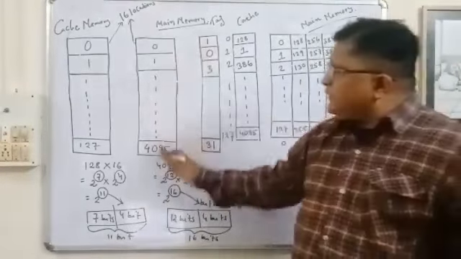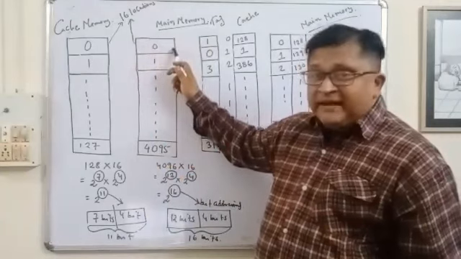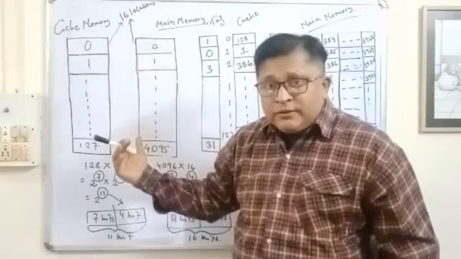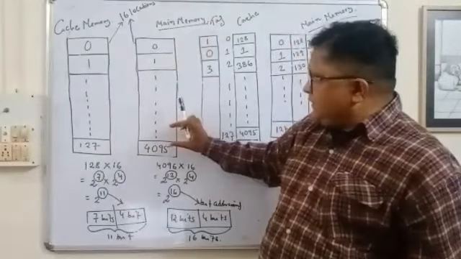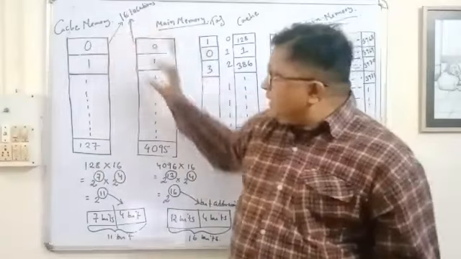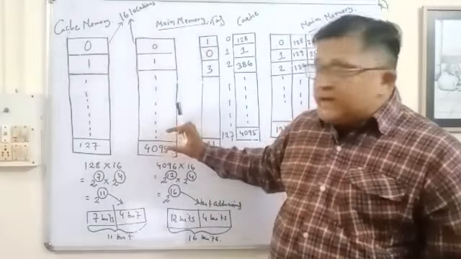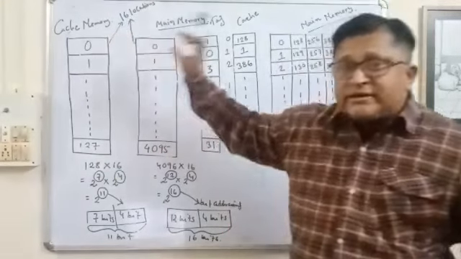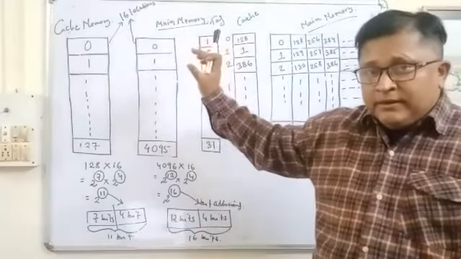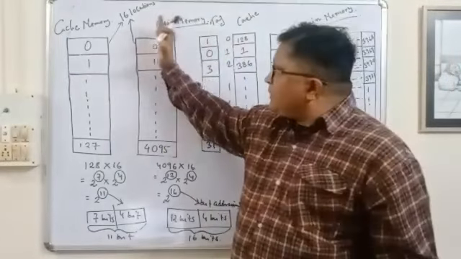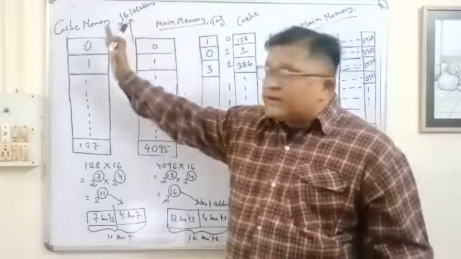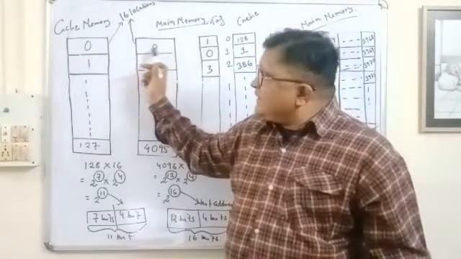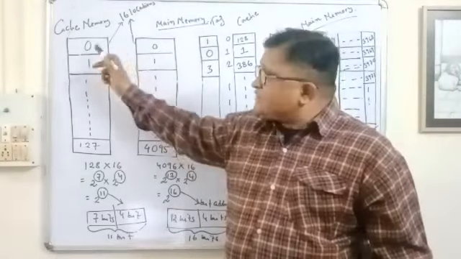As we know, the number of locations in a main memory page is the same as the number of locations in a cache memory frame. Why so? Because a page of the main memory can easily be loaded into a frame of the cache memory if and only if the number of locations in each page is equal to the number of locations in each frame.